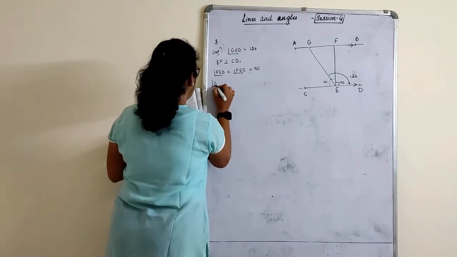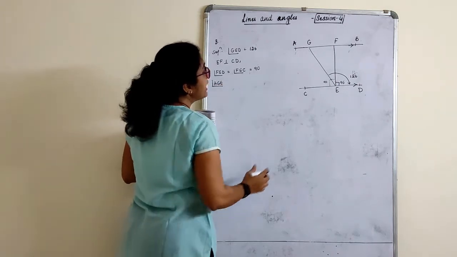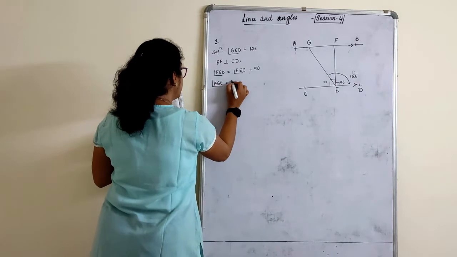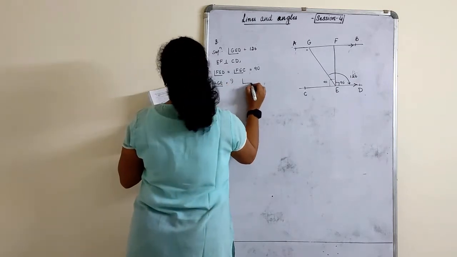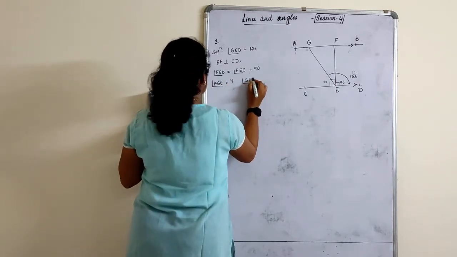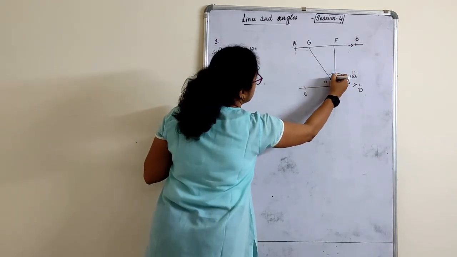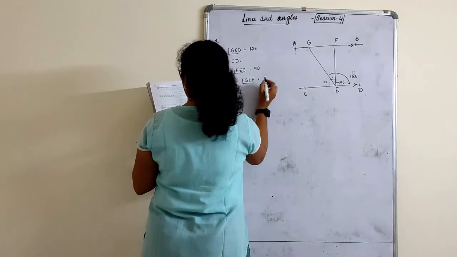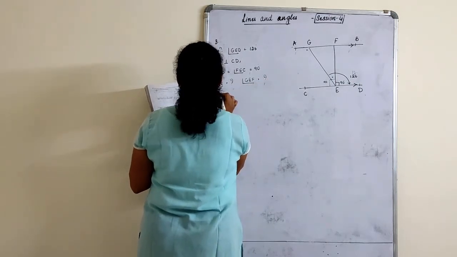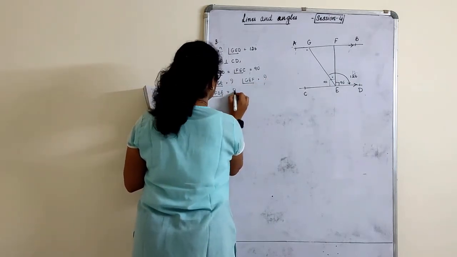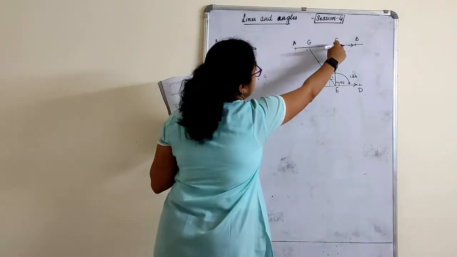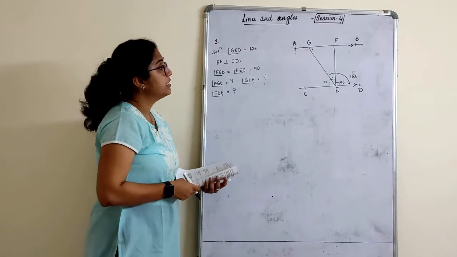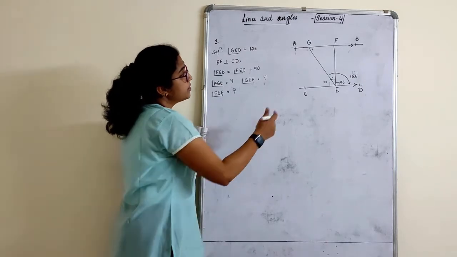We have to find angle AGE. Where is AGE? This angle we have to find. Next, we have to find angle GEF. This part of the angle we have to find. Then we have to find angle FGE. Where is it? FGE.